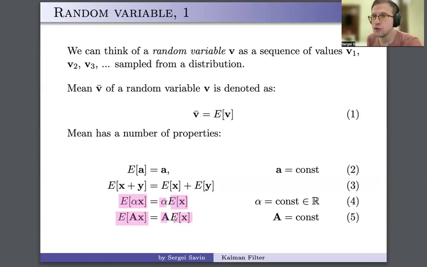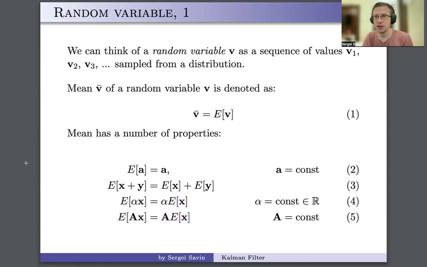If you want to prove all of those properties, simply write out the definition of a mean and perform those operations. It will be limited to taking out of the brackets whatever you want to take out of the brackets. That's easy to prove. So if you feel unsure with that, it's a good exercise to prove all of those.